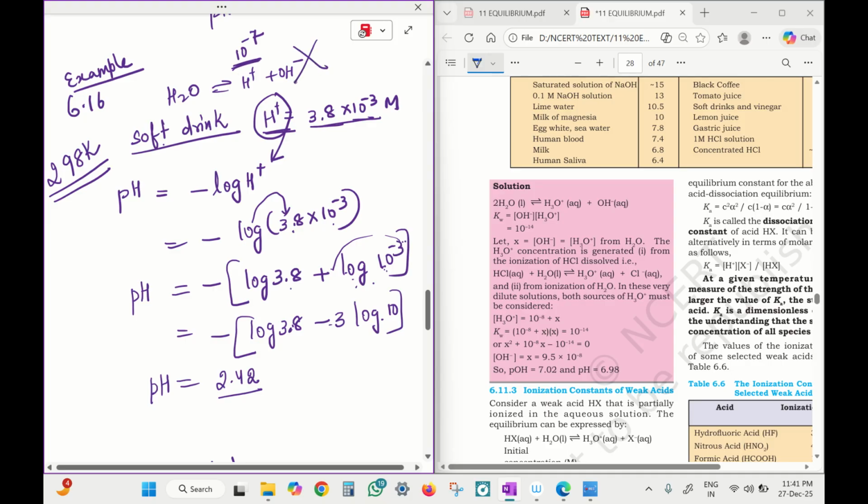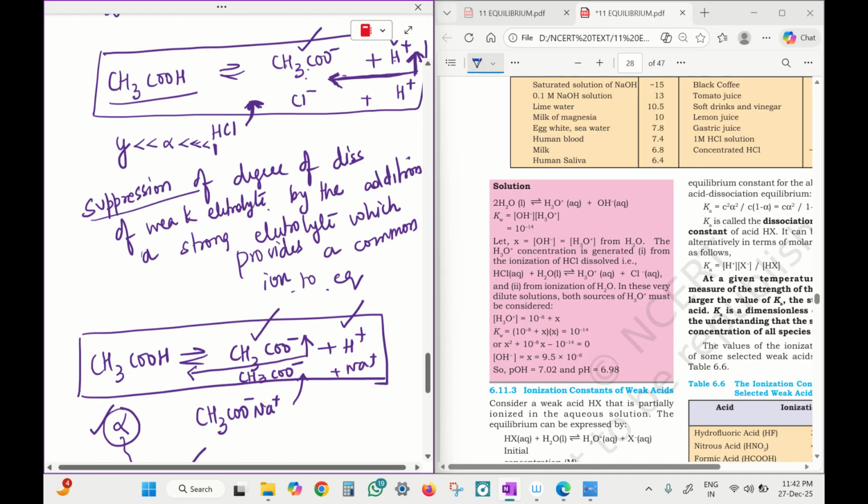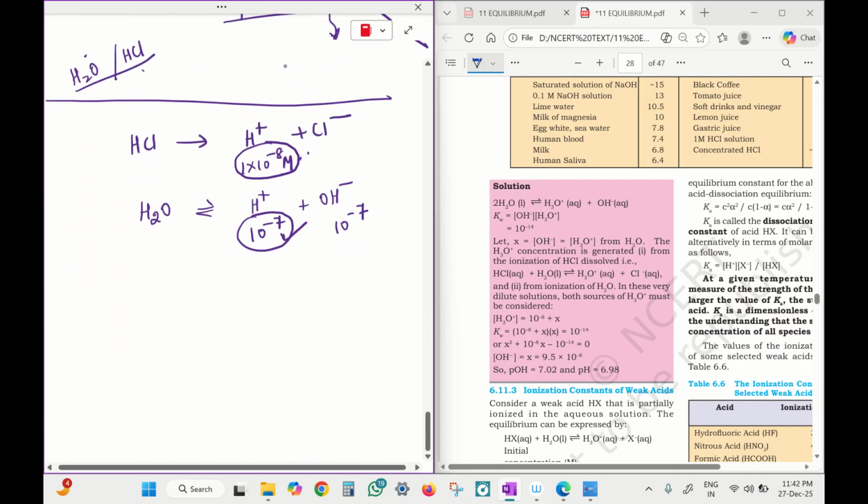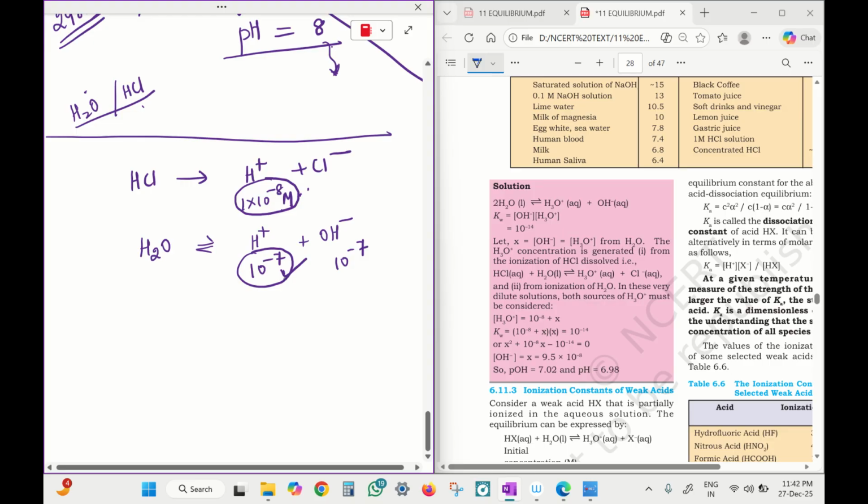So the water's contribution is ignored because the H plus produced by the soft drink is 10 to the power minus 3, which is quite large than 10 to the power minus 7. We are ignoring the contribution of water. But in this particular problem, the H plus provided by the water is more and the acid is less. So in this situation, you cannot ignore the H plus contributed by the water.